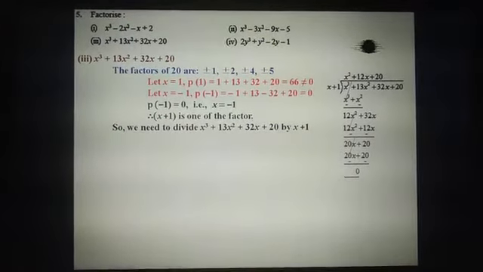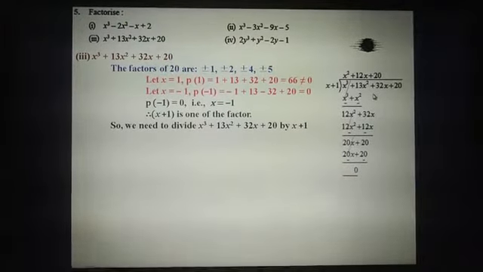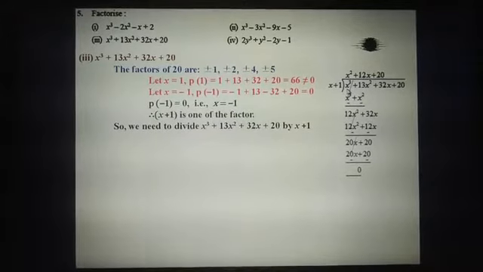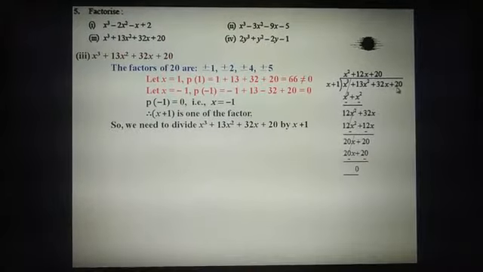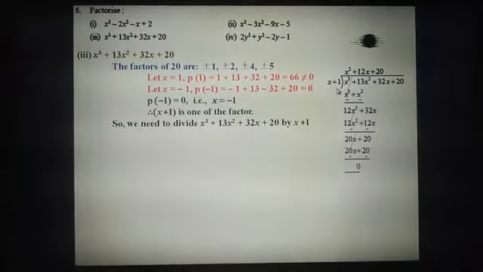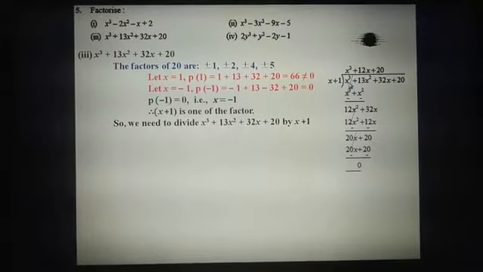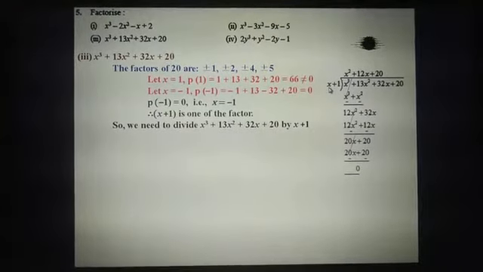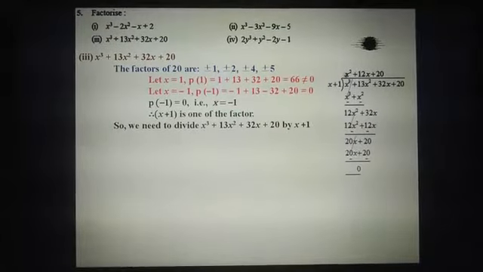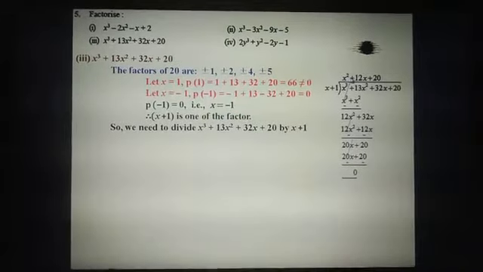See here, this is a division again. It's a long division. So the dividend is x cube plus 13x squared plus 32x plus 20 by x plus 1. First we need to divide the first term by the first term. So x cube by x, you will get x squared. x squared is the first term of the quotient.